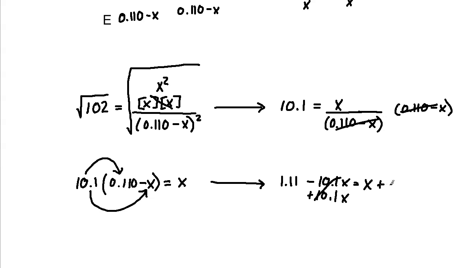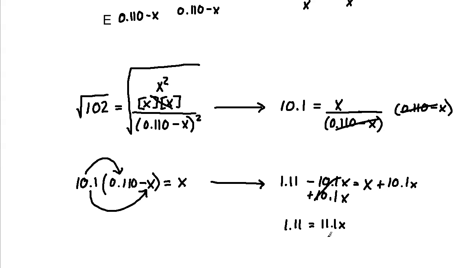And so this becomes X plus 10.1x. So there's an implied 1 in front of this X. So if I combine that together, it's going to be 11.1x. And so what I can simplify this to now is 1.11 equals 11.1x. So a lot of ones here that are going to come together.